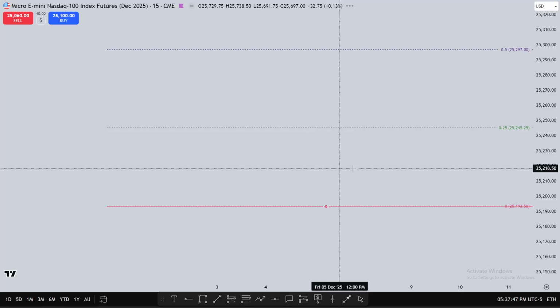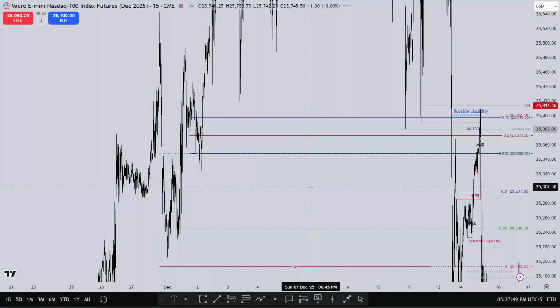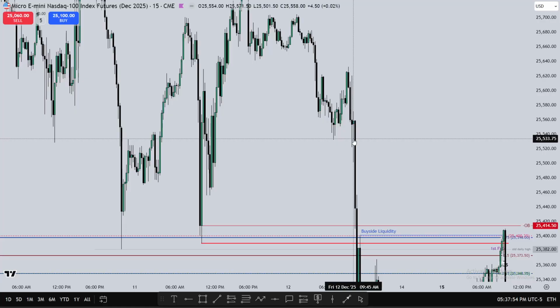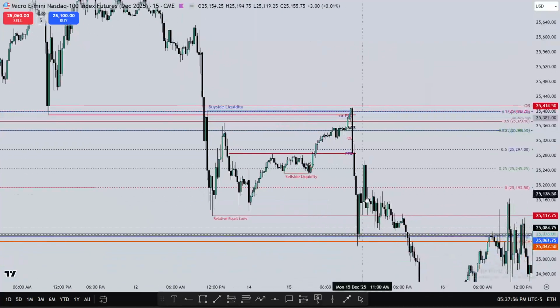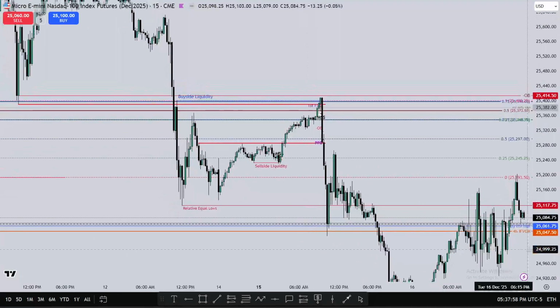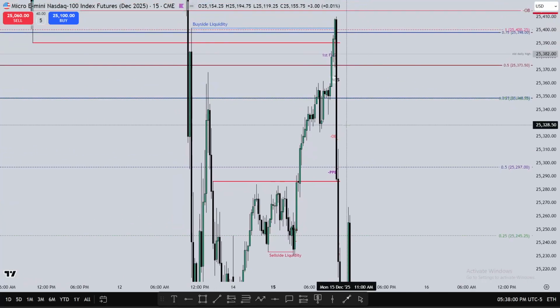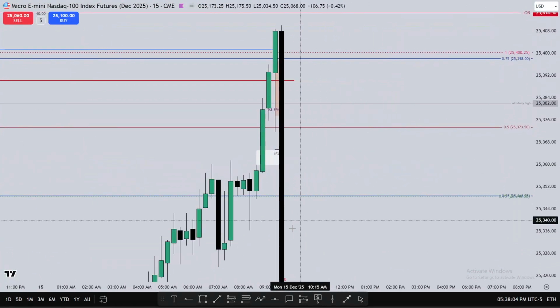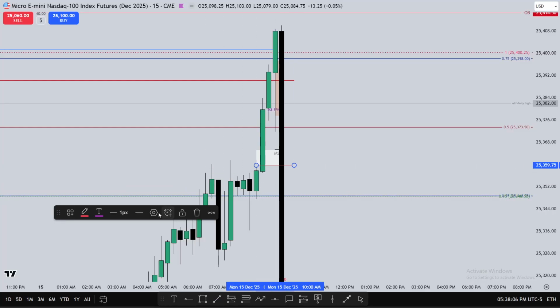Also, let me give some insight on how I expected us to not come back up to this inversion fair value gap here.